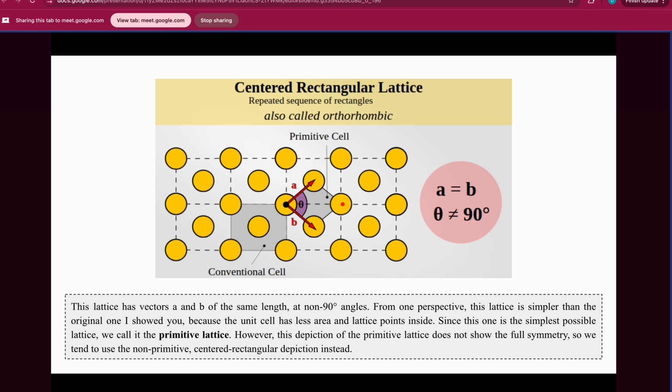In the primitive cell, all the points are present only at the corners, or you can say the borders. In the later slides, when we talk about all four types of centering of the lattice points, I'll tell you how the different centerings vary. So primitive means the points are present only at the ends and not at the centers.